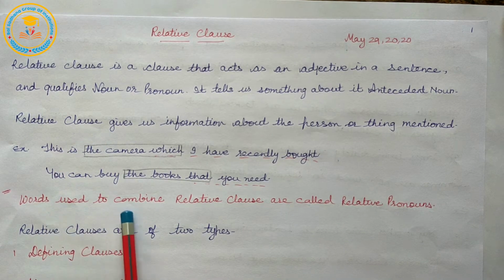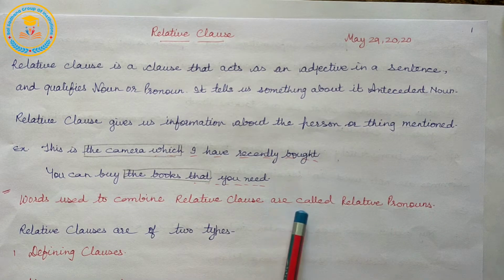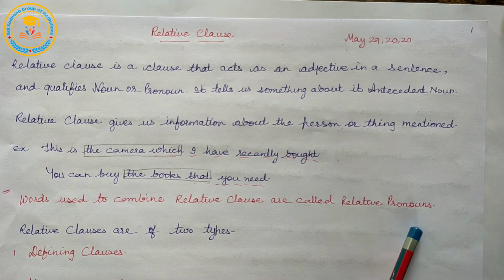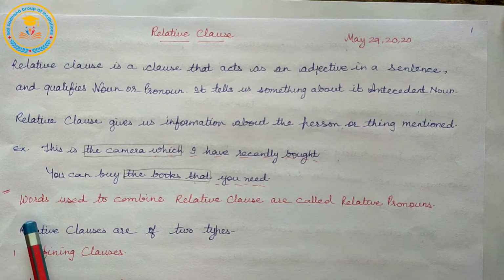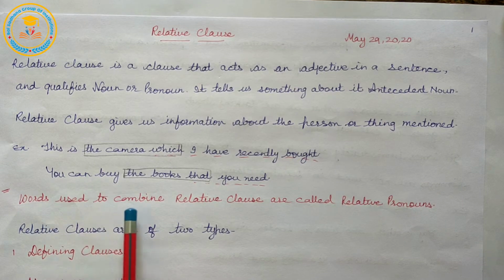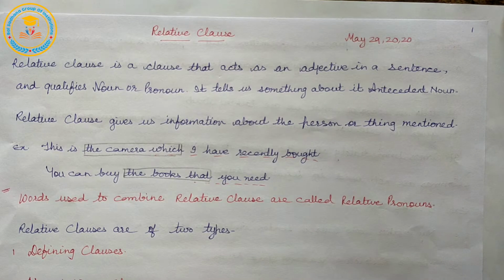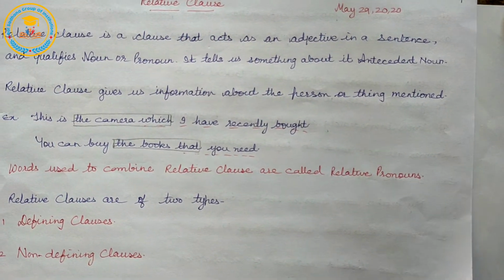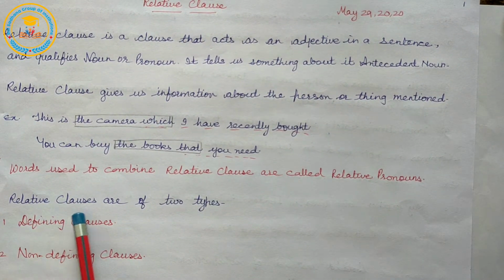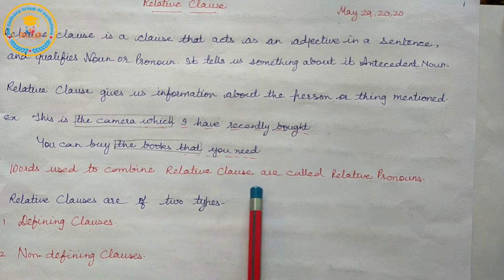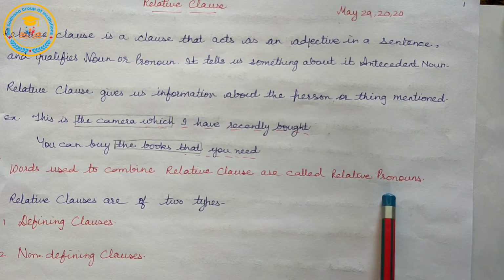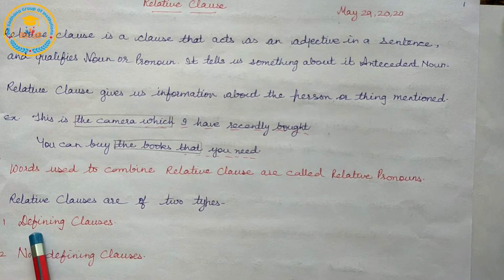Words used to combine a relative clause are called relative pronouns. Relative clauses are of two types: defining clauses and non-defining clauses.